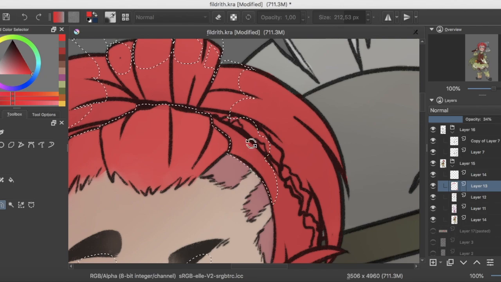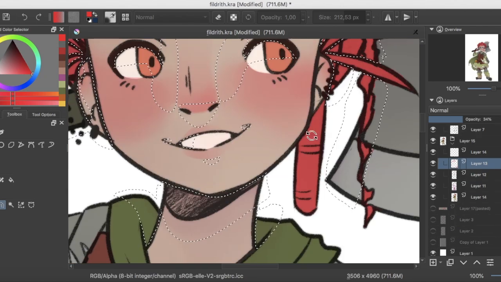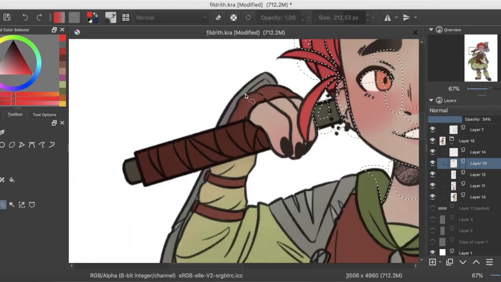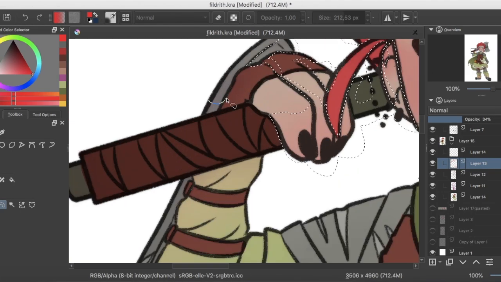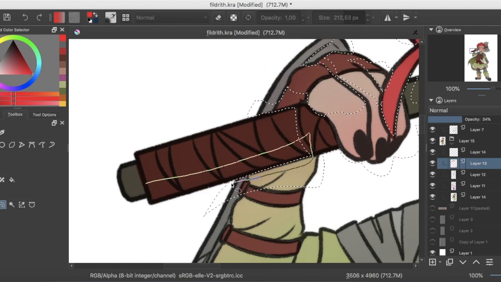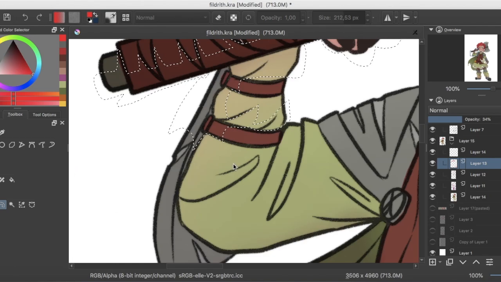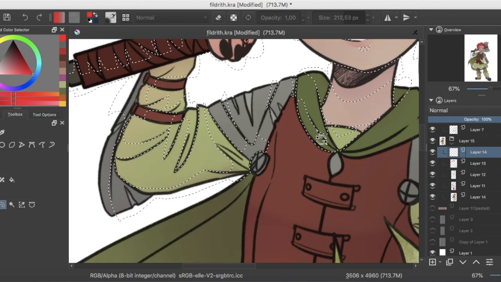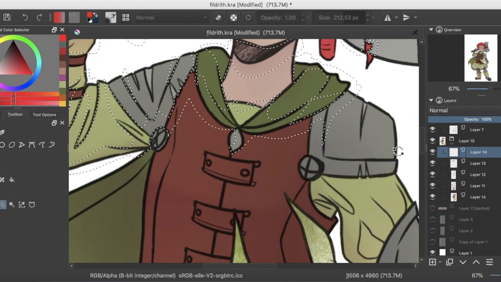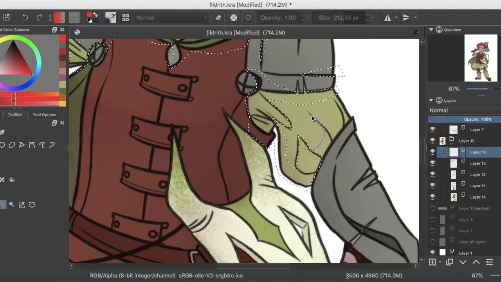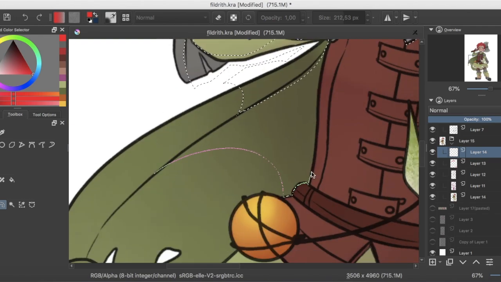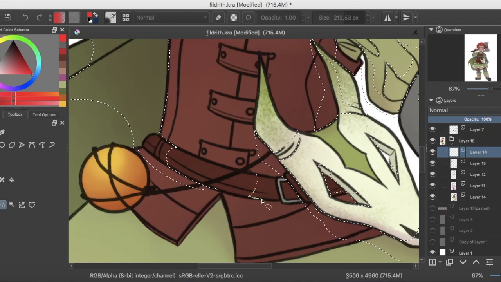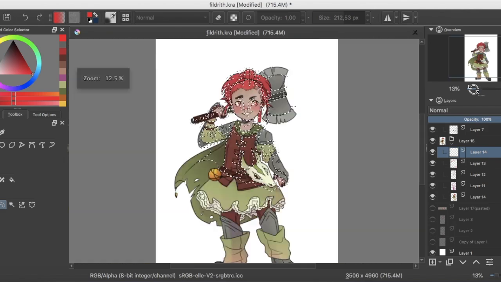So I've been on break because anyone that lives in Poland right now knows about the teacher strike thing, and my school has been closed, so I was making characters left and right and anywhere. Actually, I think during this break I created those two guys, Lucy, Andromeda, Fildrith, that you see right here, and oh my god, I created 5 characters in one break, which is like 2 weeks.